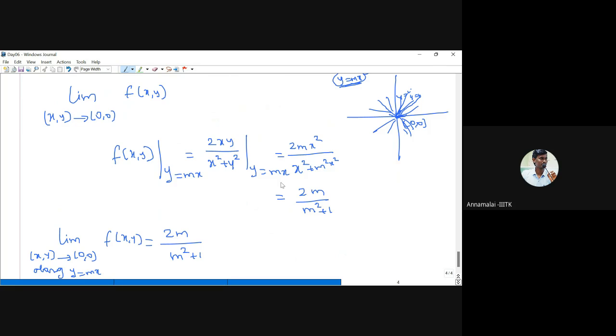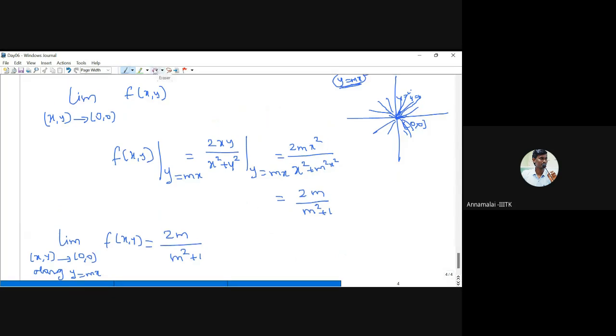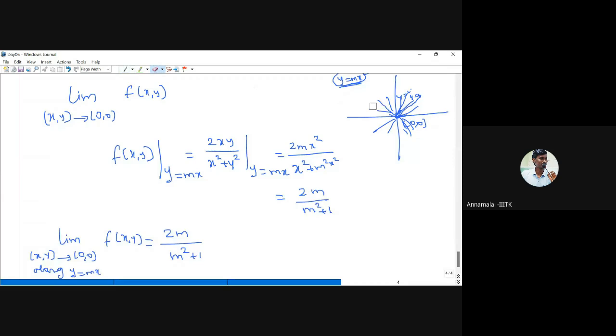I'm taking the particular path y equal to mx, proving this limit does not exist. You can take any other curve also; it need not be a straight line. If you take any curve passing through the origin, you can derive the contradiction. I am simply taking the line passing through the origin.